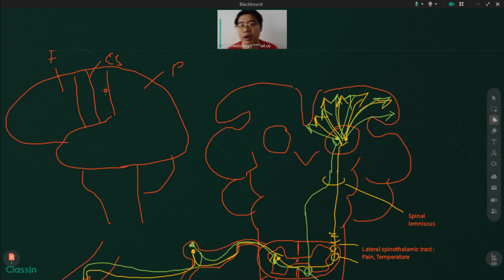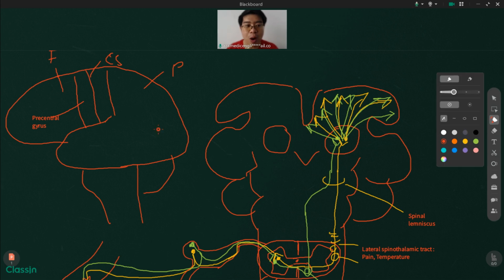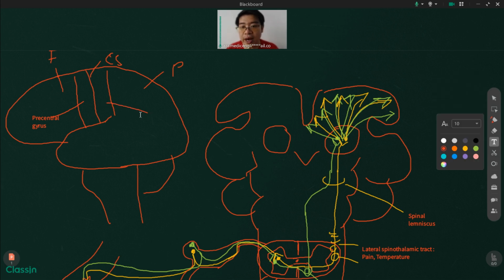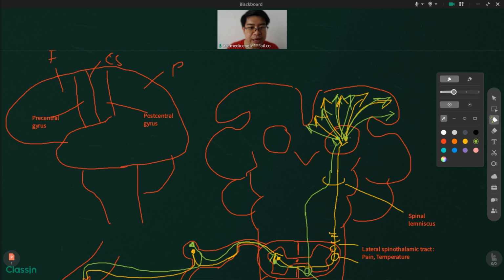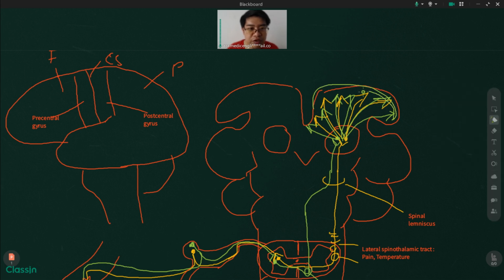Now, this central sulcus will divide the frontal and parietal lobes, but there are two gyri. One in front of it, one behind it. The one in front is called the precentral gyrus, while the one posterior to the central sulcus is called the postcentral gyrus. What you need to know is that this area here, the somatosensory cortex, is the cerebral cortex of the postcentral gyrus.